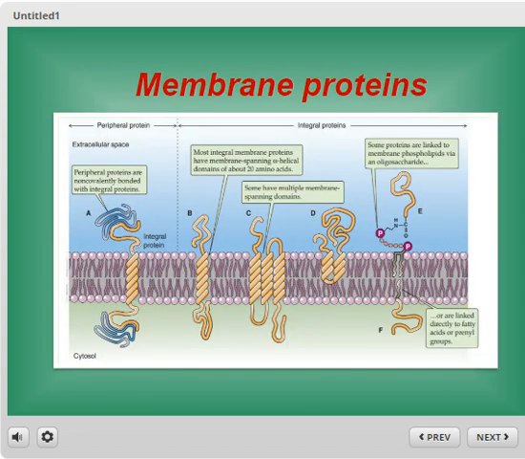As you see, the left side of the picture shows the peripheral proteins. Peripheral proteins are loosely bonded to integral proteins. These proteins do not reside within the thickness of the cell membrane, and they can be separated from the membrane by altering the concentration of salt, and we don't need to destroy the structure of the cell membrane for separation of this type of protein from the cell membrane.